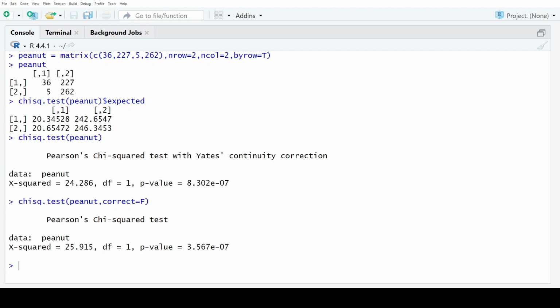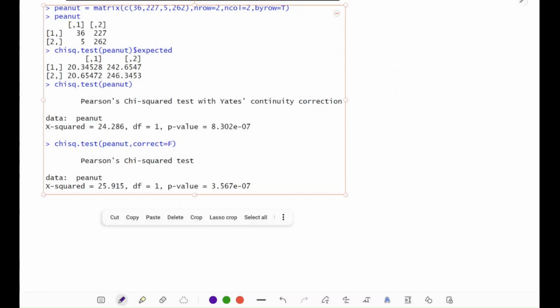Oh, something went wrong. Let me try again. There we go. So back over to the notes.